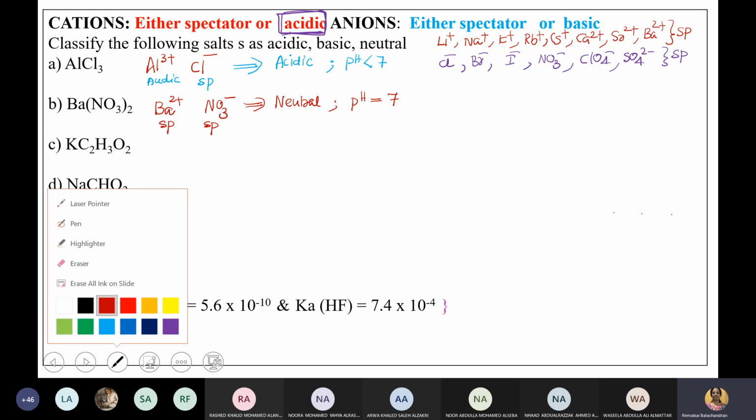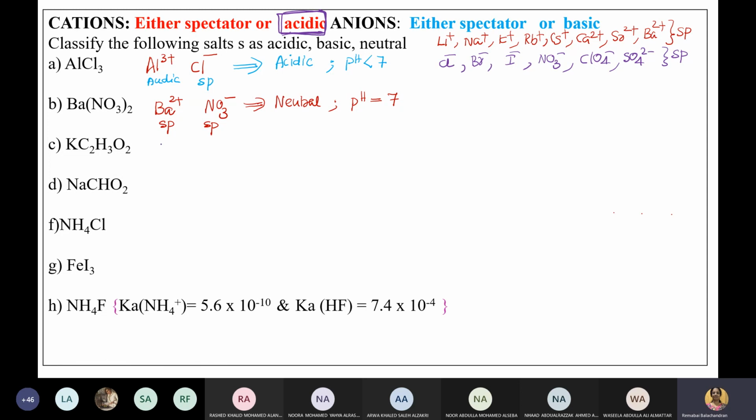Next, tell me. K plus and C2H3O2 minus. K plus, tell me, spectator or acidic or basic? Spectator.